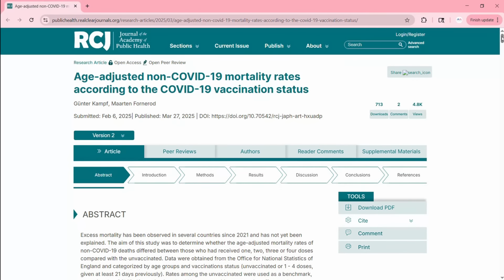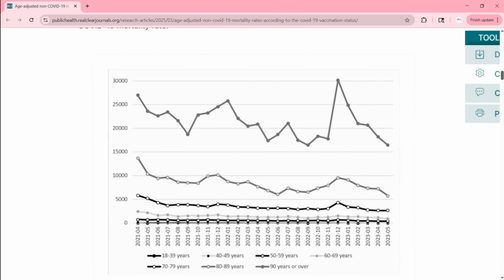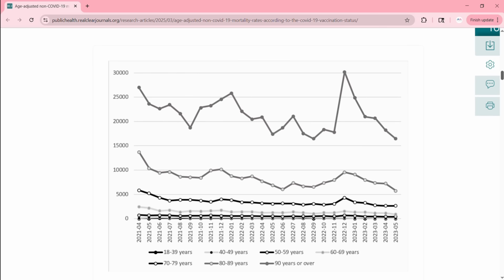This was about 20 to 70 people dying out of 100,000, okay? You move on to the 40-year-olds, that was 100 to, say, 300 people out of 100,000. You move on to 50-year-olds, and there were 350 to 750 people out of 100,000 dying for any cause besides COVID.